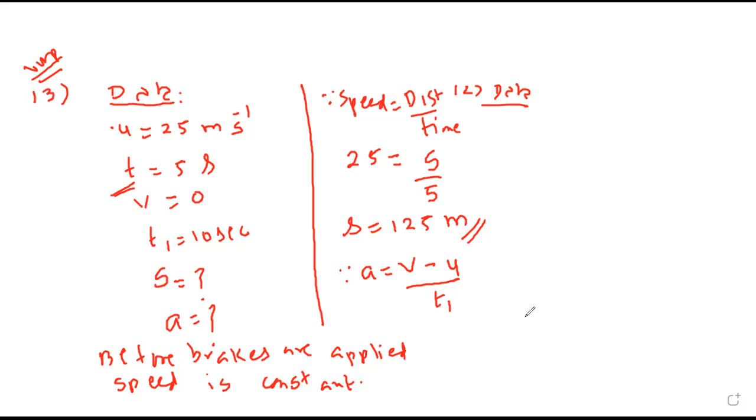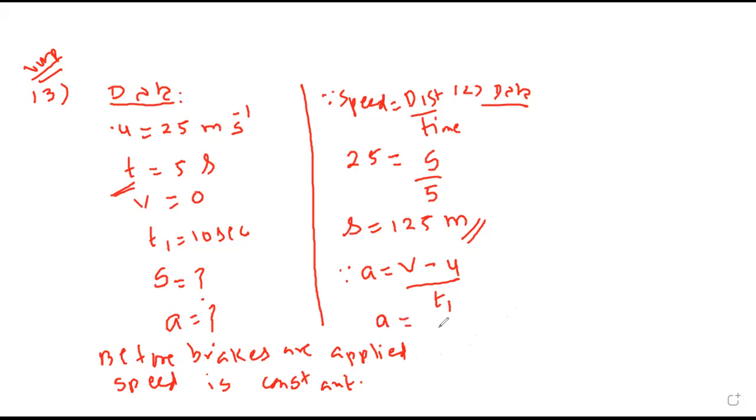What is the meaning of speed uniform and what is the meaning of velocity uniform? Listen first: if it is straight line motion, then speed and velocity are the same. Reason: there is no change in direction. And when we are solving the problem, we are taking numerical magnitude. So when I say speed is constant or velocity constant, the meaning is the same, because direction we are not changing. Both will fetch you the same result.